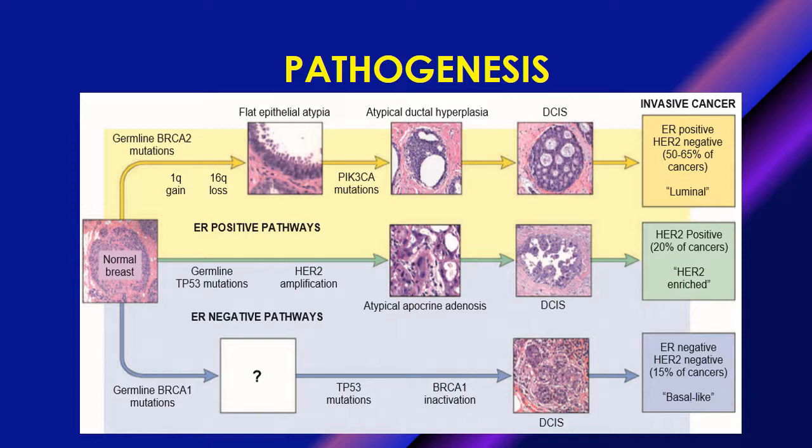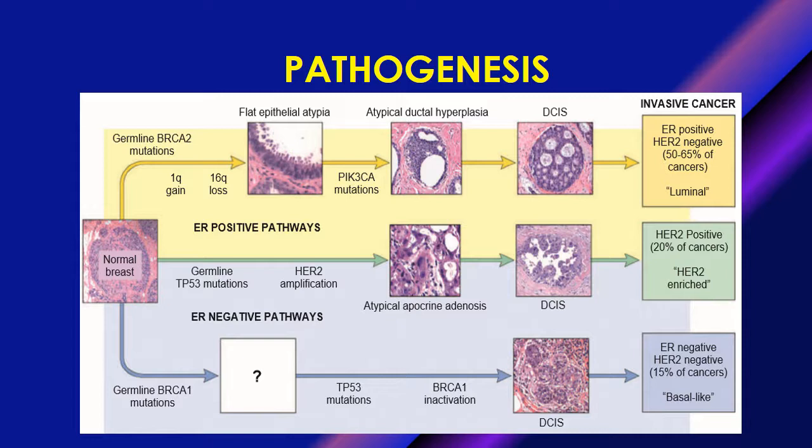The second factor is hormonal influence. Estrogen stimulates production of growth factors such as transforming growth factor alpha, platelet-derived growth factor, fibroblast growth factors, and others, which may promote tumor development through paracrine and autocrine mechanisms.